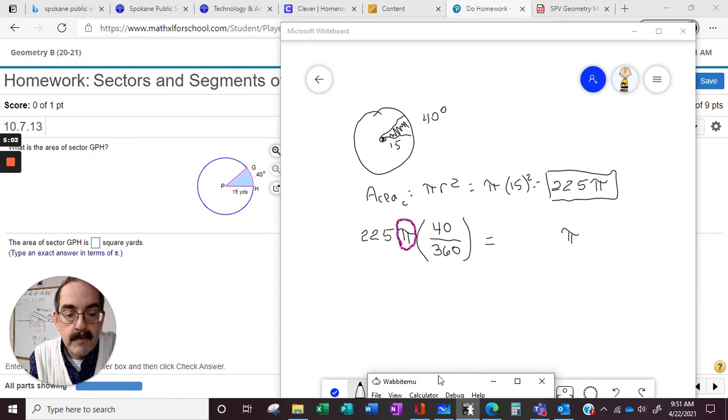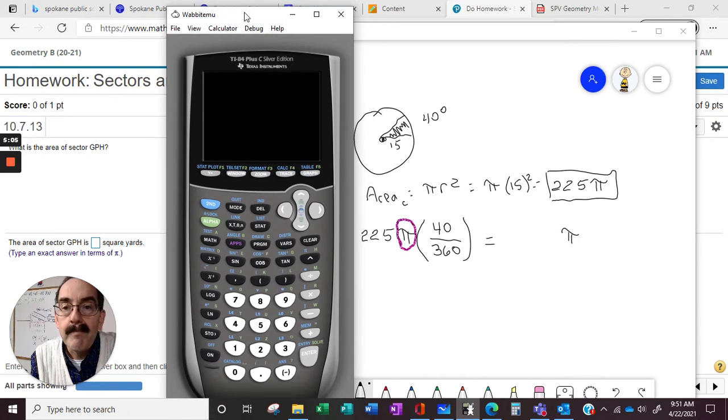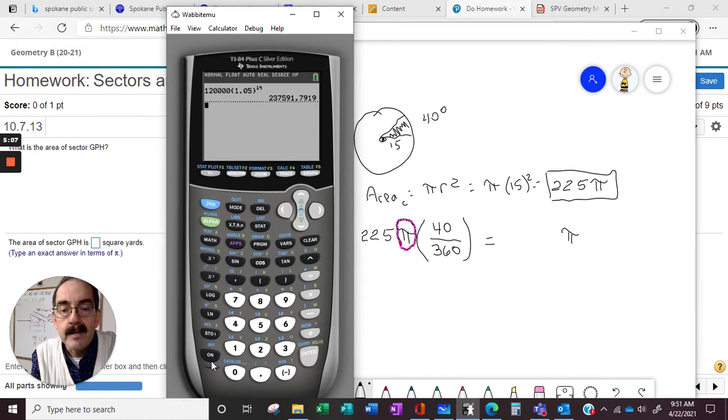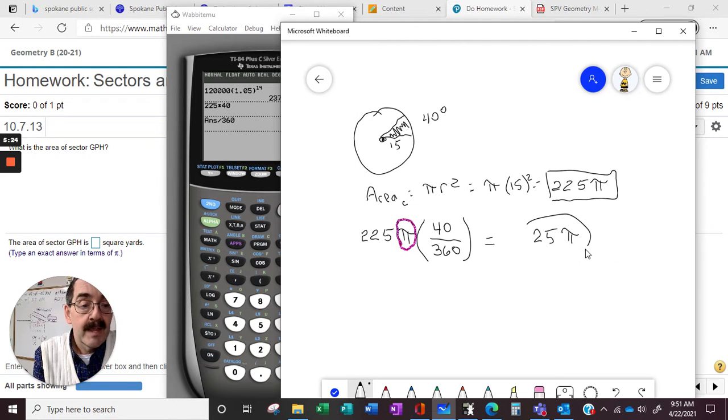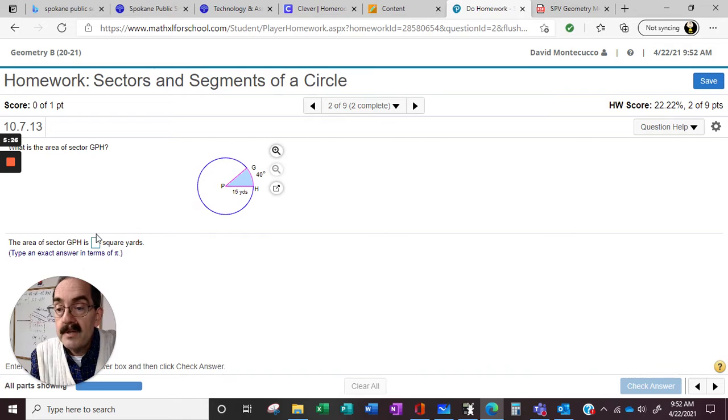Let's go 225 times 40, and then let's divide by 360. Just 25, so 25 pi. Let's see if it gives us the right answer.